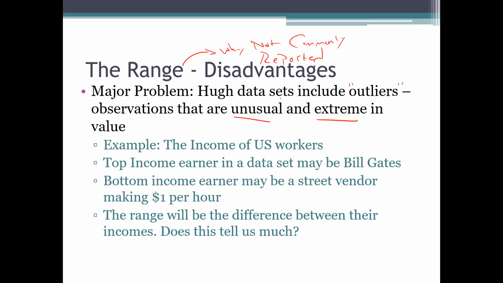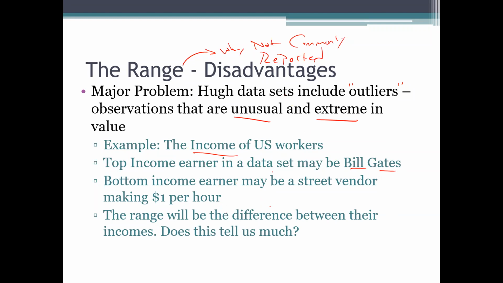Remember, what you want to do is measure the spread of data, to get an idea of what the typical spread of data is. If you look at a data set of income of US workers, the top income earner might be Bill Gates or Jeff Bezos or Elon Musk, someone like that, and the bottom earner might be a street vendor making $1 per hour.